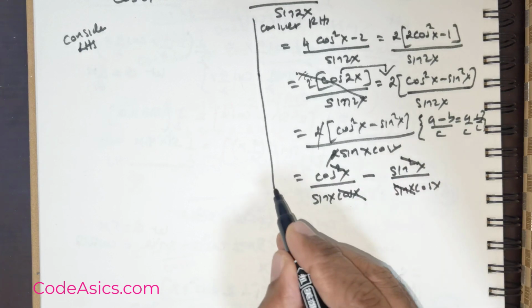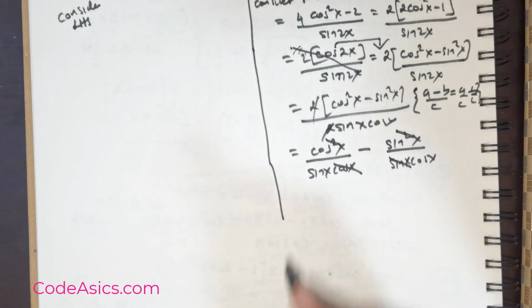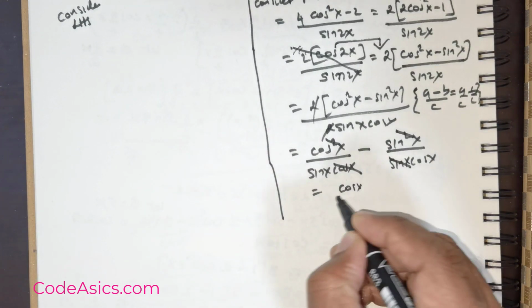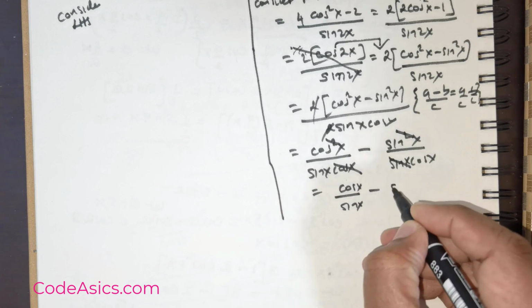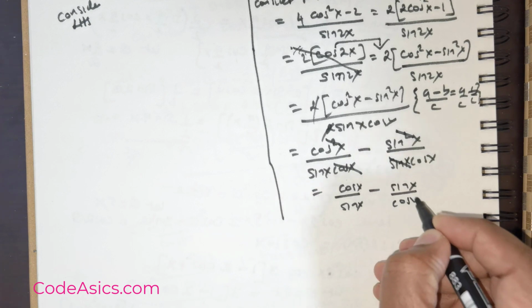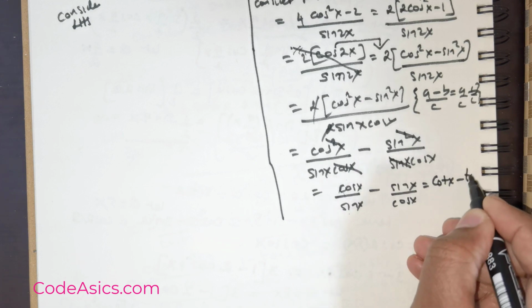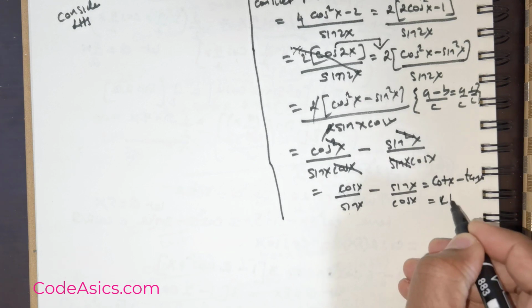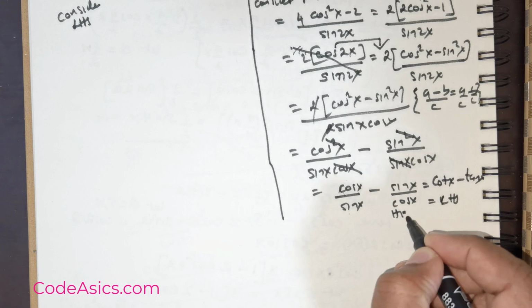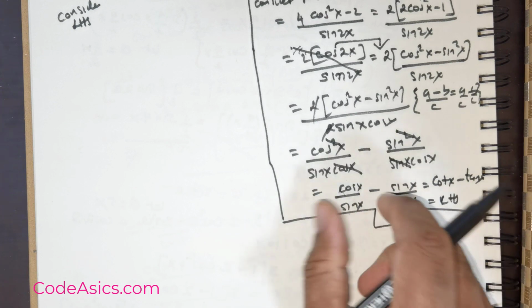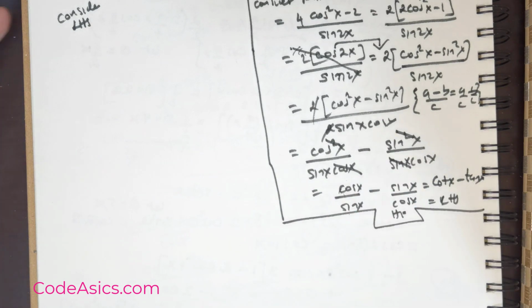A sine gets cancelled. So this is giving me cos x divided by sin x minus sin x divided by cos x. Cos x over sin x is cot x. Sin x over cos x is tan x, which is nothing but the left hand side, hence proved, right? So that is taking the right hand side.